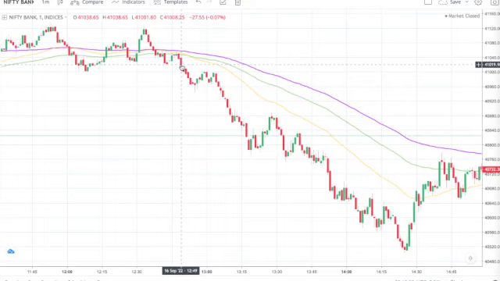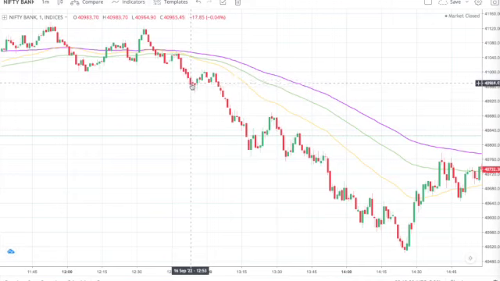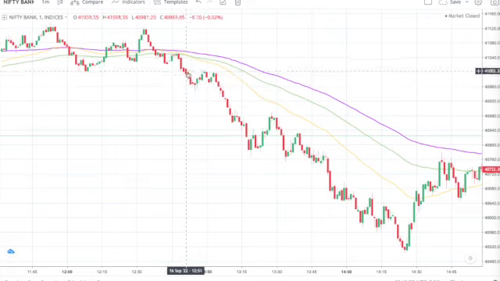We will ensure that we enter only after the closing of the candle, and then the exit will be in one or two candles immediately. Suppose we are entering on this candle over here, we can exit in a couple of candles or we can even wait for some more candles depending upon the price action.